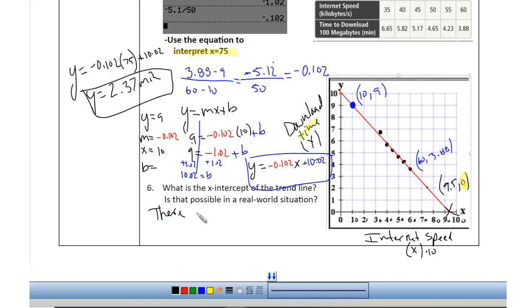So we'll say there must be some amount of time needed to download. So having 0 time is just not possible. Okay, make sure you get your notes filled out, and then we'll get some more practice.